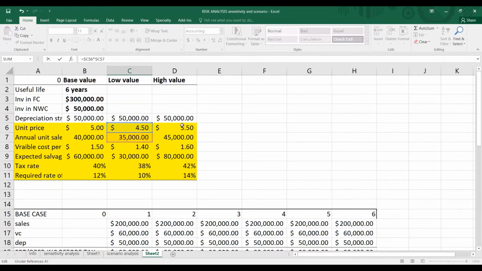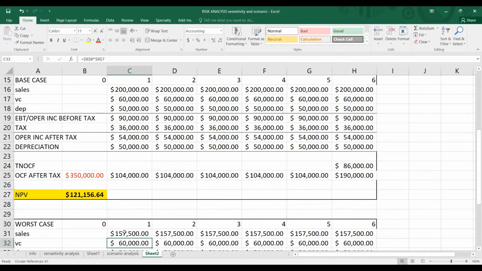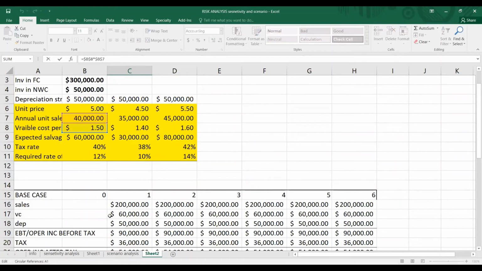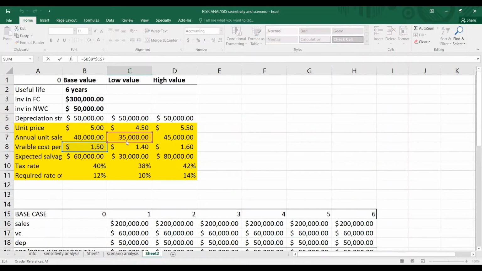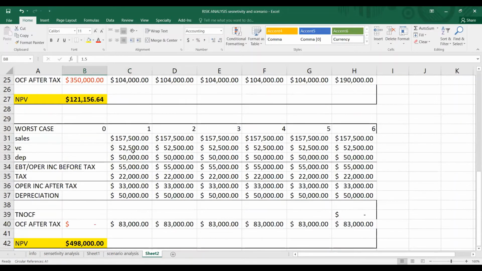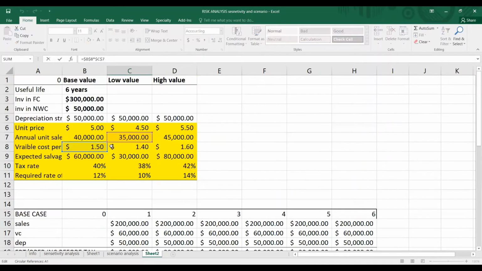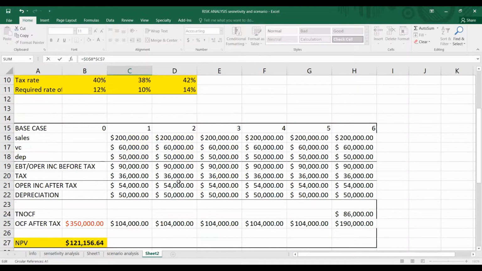Okay, this is what I get as sales. But when it comes to the variable cost, I have to take the same number of units and the highest cost. Annual unit sales and highest cost.